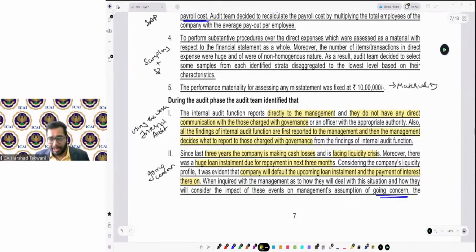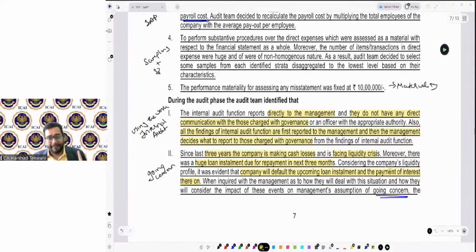Now, this is a critical case where I could say the internal audit function's organizational status does not support the objectivity of the internal audit. Classic case of that.